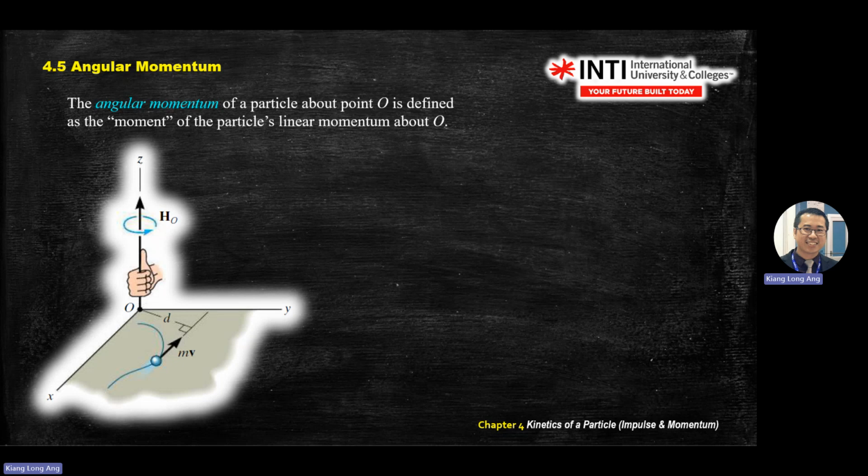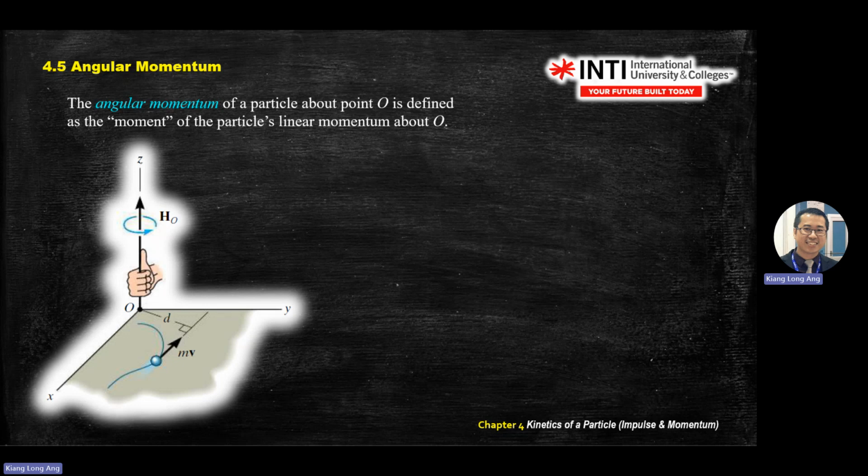When your force acts perpendicular to a distance, it will create a moment, which gives you F cross D. So the definition of moment is you take force multiplied by the distance perpendicular to the force from the reference point. You create moment. You apply the same understanding for angular momentum.